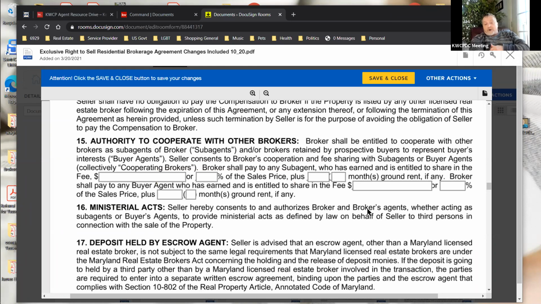So we're not going to talk about percentages, but we're not going to talk about specific numbers here in this paragraph today. But if anybody has any questions about this, feel free to pop up and ask away. Generally, as a matter of my own business practice, I prefer not to have subagents involved in my transactions. That's just my policy. I'm not saying that you have to do it that way, but it's my policy.